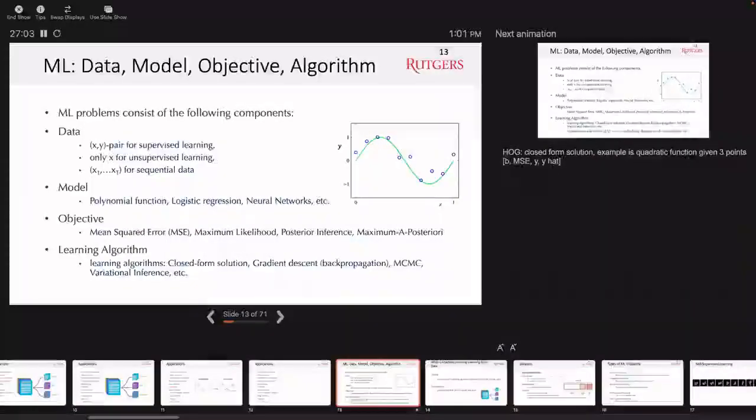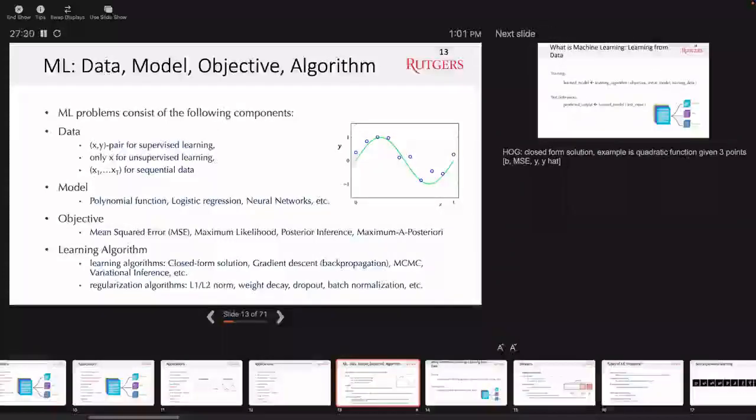Okay, so these are the 4 components of machine learning problems. You have data, you have model, objective, and learning algorithm, which tells you how to reach the optimal objective. Under this learning algorithm, there's also a very important subcomponent, what we call regularization terms or regularization algorithms.